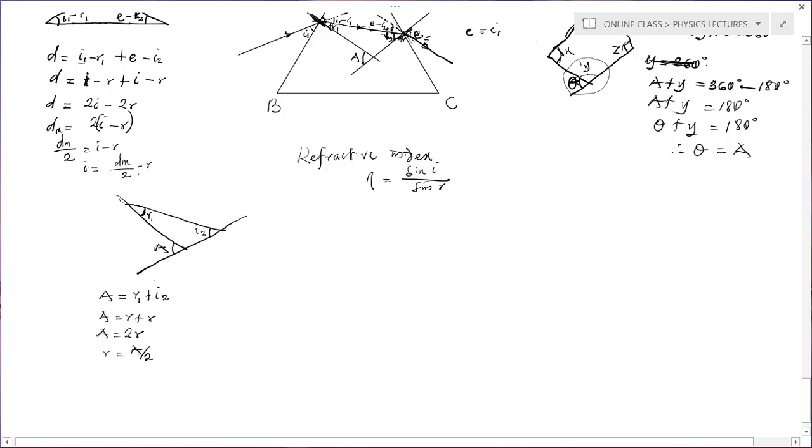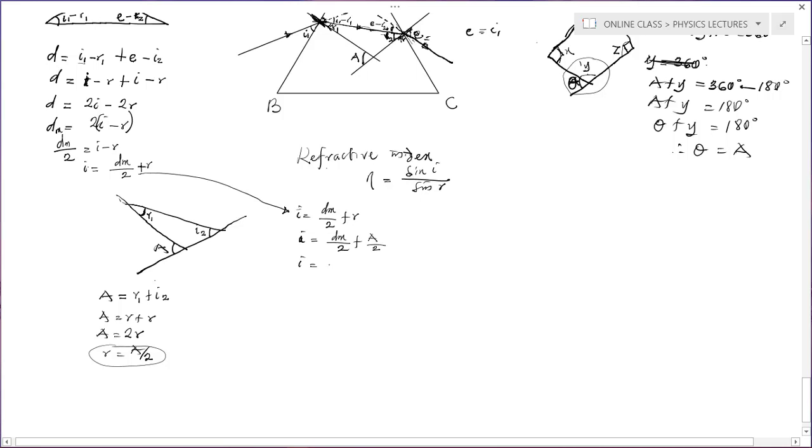So if I take this to this place, it means that I equals, oh sorry, that will be plus, dm over 2 plus R, and I'll show you from here that R equals A over 2, which means it becomes dm over 2 plus A over 2.